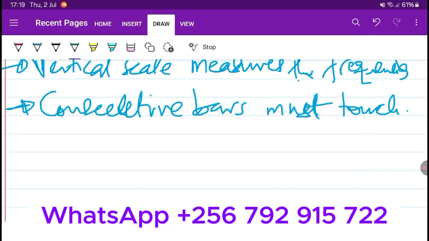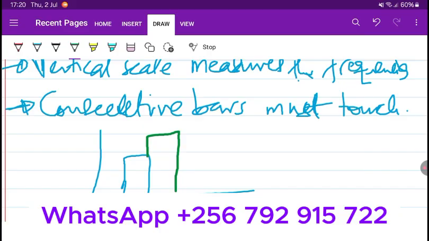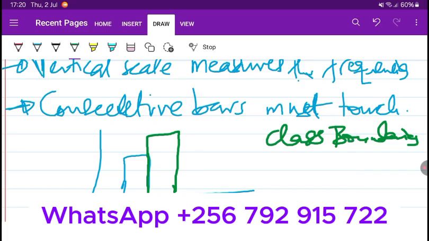And what is going to come out of this is that if I'm drawing these bars and they are supposed to touch each other like that, the implication is that when I'm labeling my horizontal axis, I'm going to use class boundaries and not class limits.